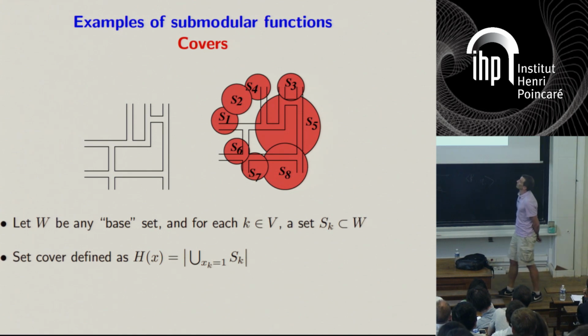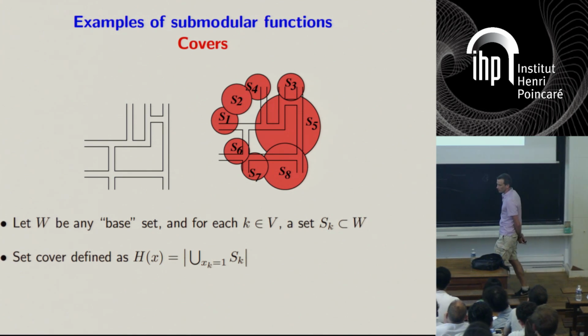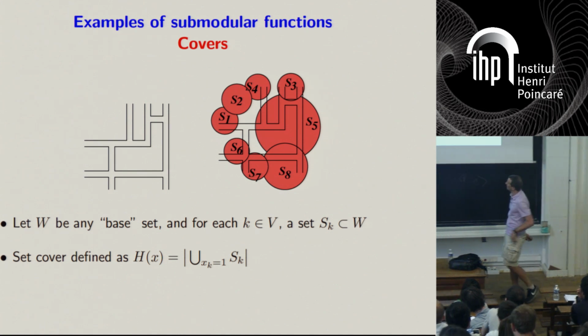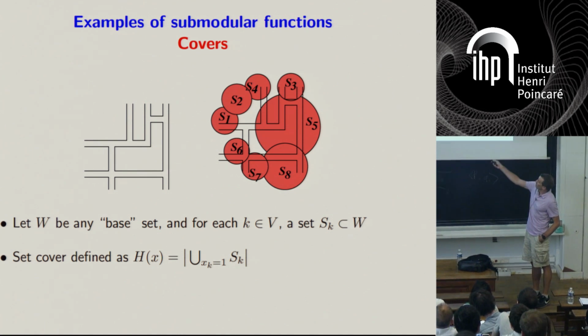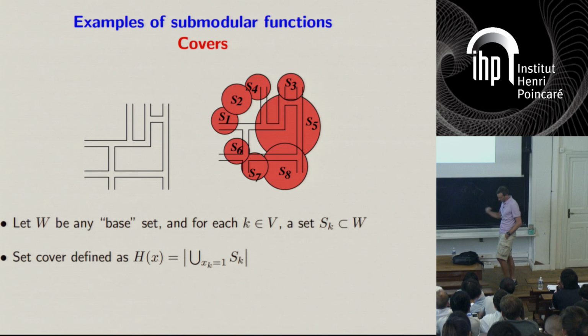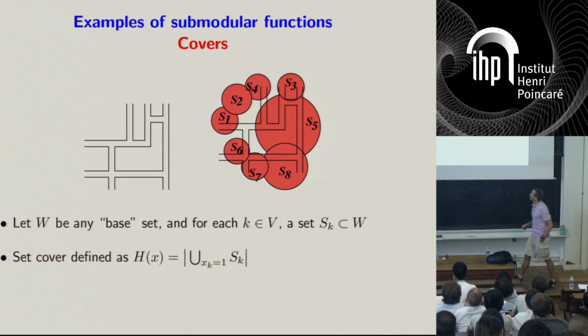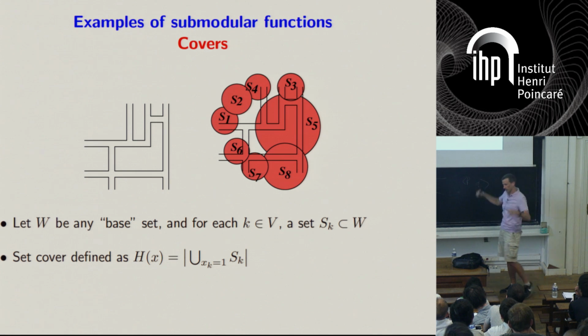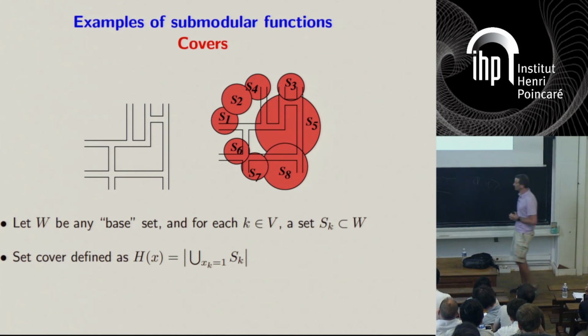Then you have the famous example for sensor placement, so covers. This may look a bit abstract at the beginning, but you have a set V indexing your possible antennas. For each antenna indexed by k, you have the set S_k, which is a coverage area surface of your antenna.